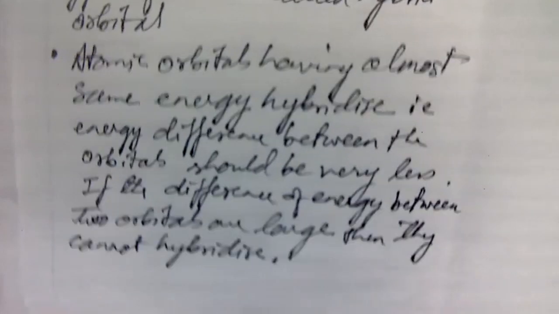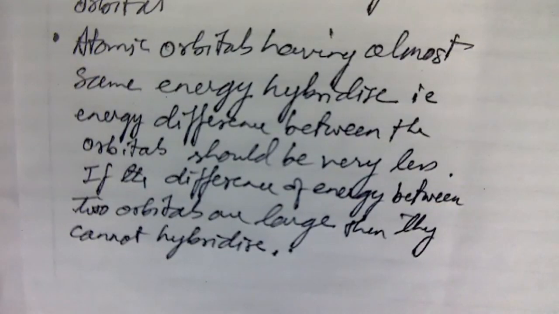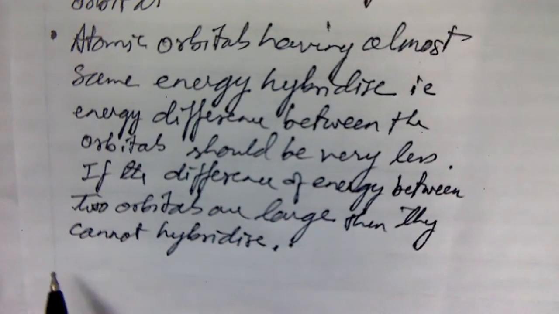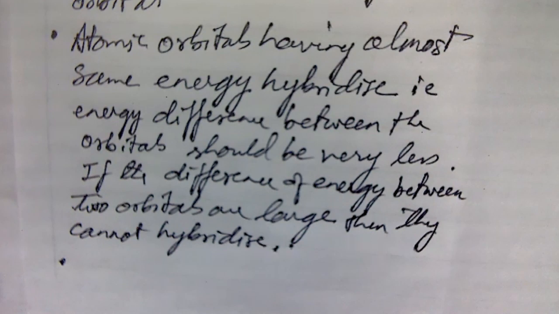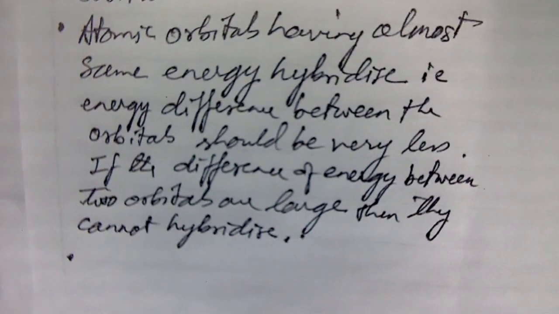Then the next point, what is happening here? Atomic orbitals, they are combining. It can be one atomic orbital, two atomic orbitals, any number of atomic orbitals can combine. When they combine, they form the same number of hybrid orbitals. Suppose two atomic orbitals are combining, they'll form two hybrid orbitals. If three are combining, they'll form three hybrid orbitals.